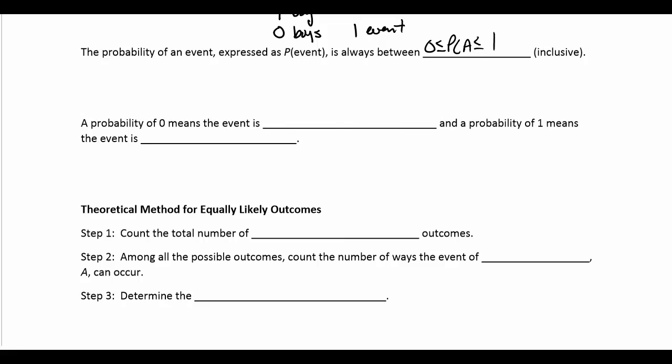Okay, so when we talk about the probability of an event, we refer to it as some number between 0 and 1. So 0, for example, means that an event is impossible. And a probability of 1 means that that event is certain.